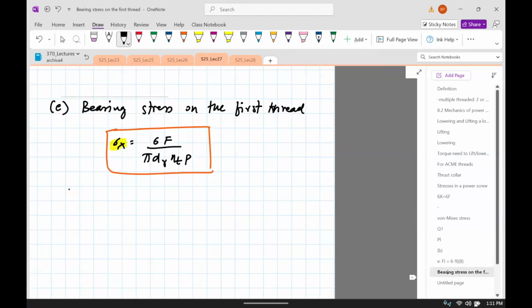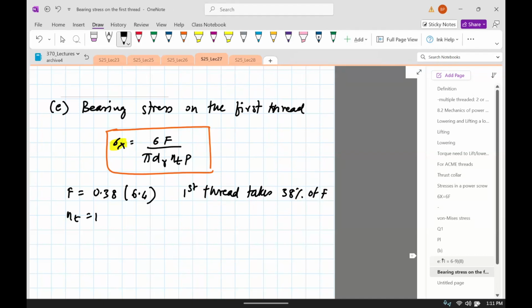So we'll have to put F equals 0.38 times F, which is 6.4. We'll take NT equals 1, considering the first thread, that's the explanation.